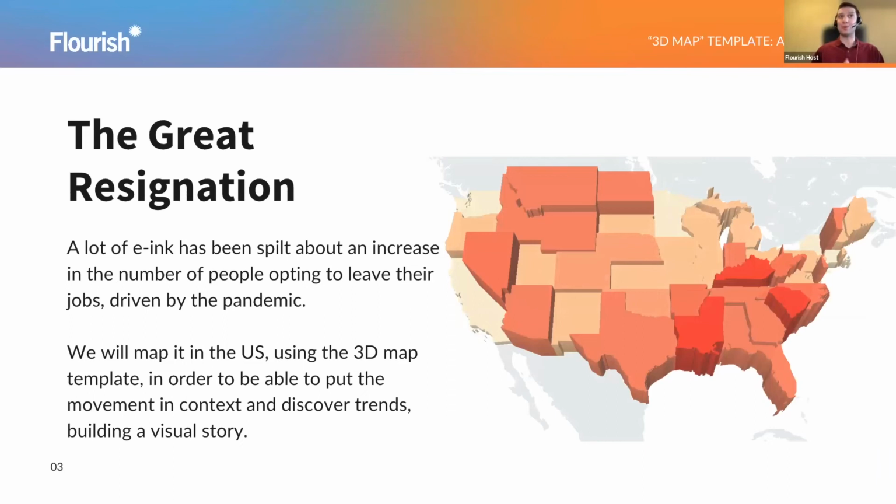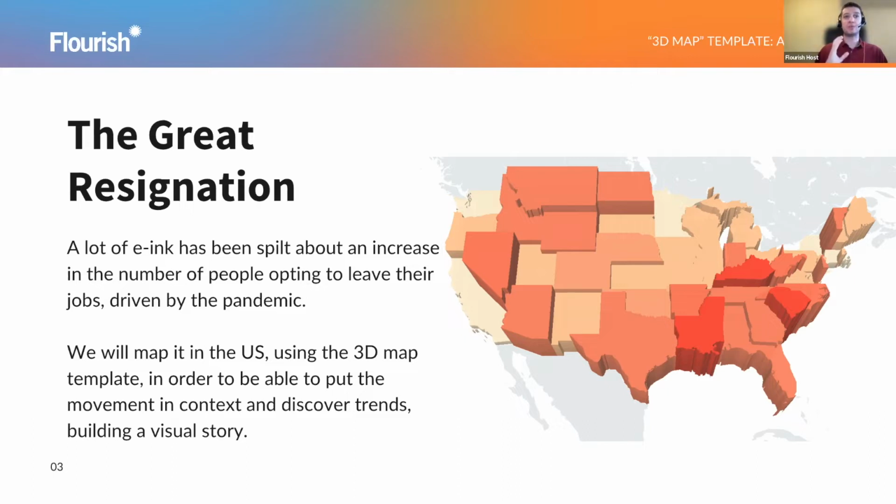Let's start with today's project, which is the Great Resignation. Apparently, a lot of people, especially in the US, but in general as well, but in the US it has been easier to track. Apparently a big movement and a steep increase of people choosing to leave their jobs due to the pandemic and factors that have been created by the pandemic.